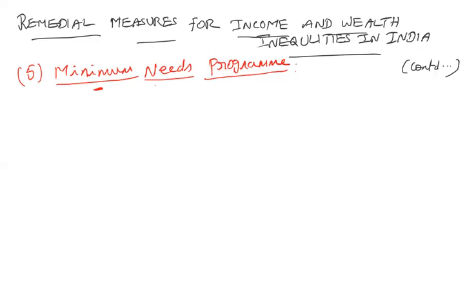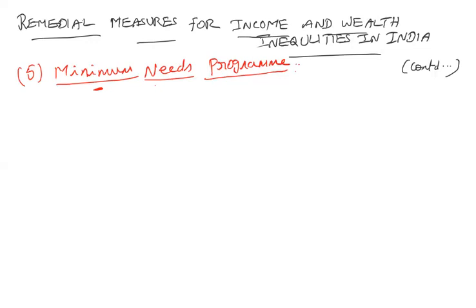So the government started providing all these basic facilities as a network throughout the country. That program is known as the minimum needs program. That means even the poorer sections of the population will be able to avail the benefits of all these minimum needs.